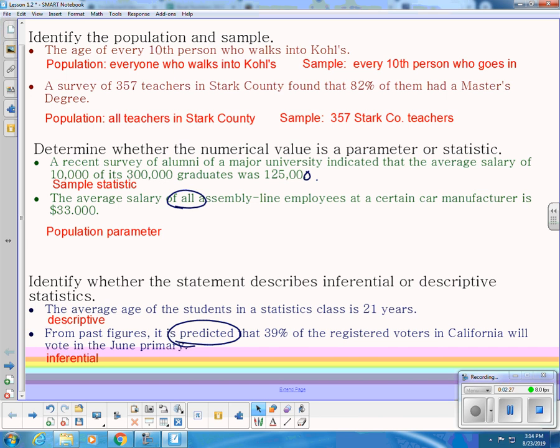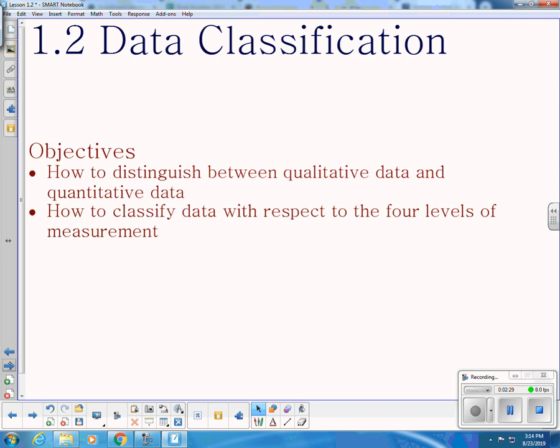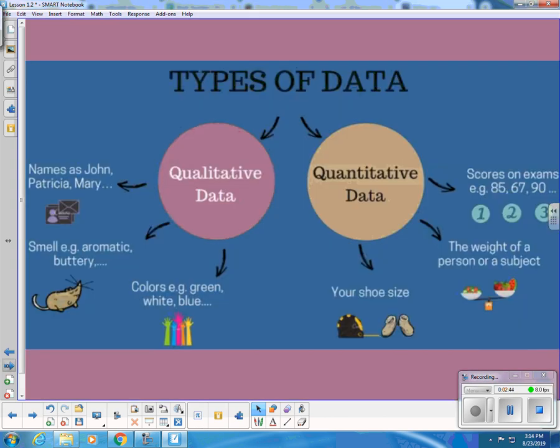Okay? So today we are talking about data classification, how to distinguish between qualitative data and quantitative data. Those are the two main types of data, and what level of measurement that data set is giving you. Okay? So the difference between qualitative and quantitative basically is qualitative is names, smells, colors, things that can be put into some sort of category.